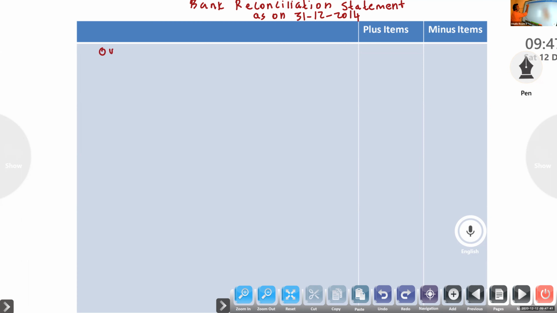First, overdraft balance as per passbook, not cash book. In this question, you have to look at the passbook, whether passbook increases or decreases. It is given down 20,000.